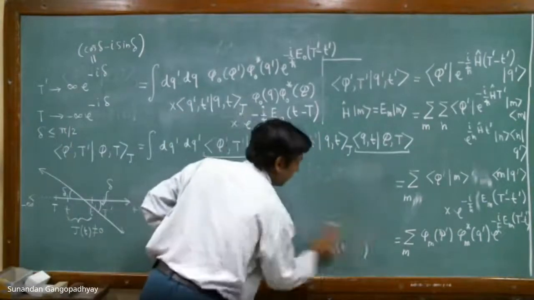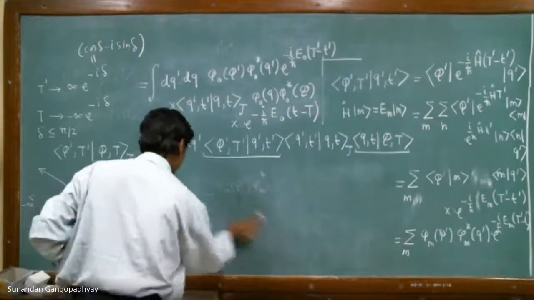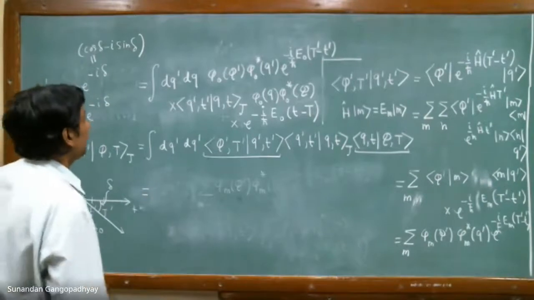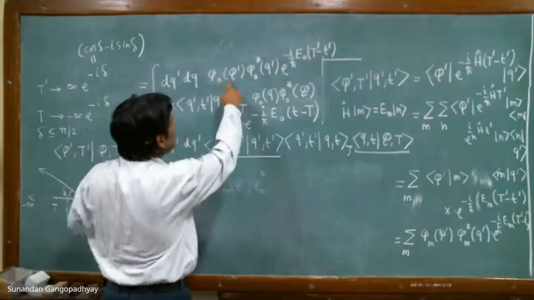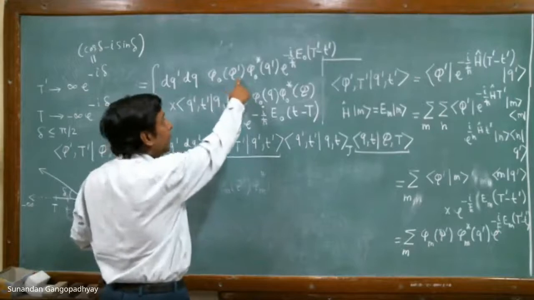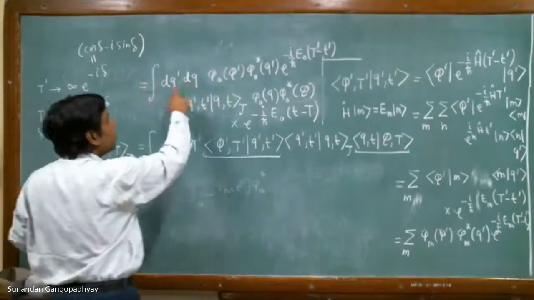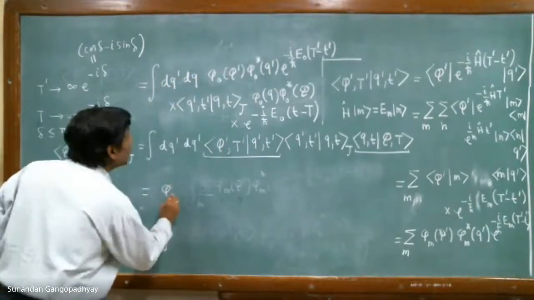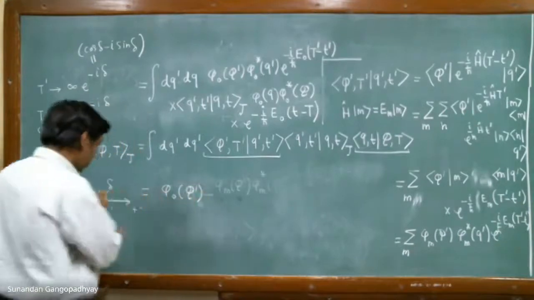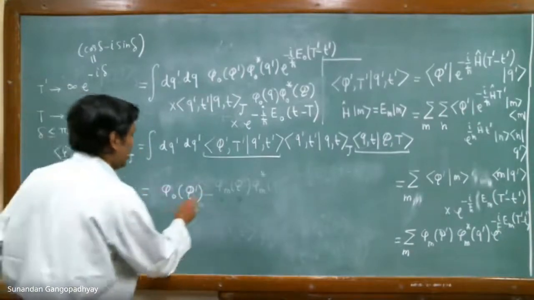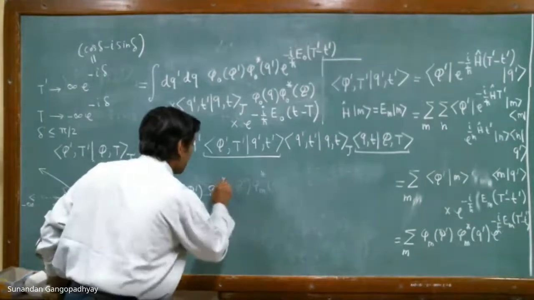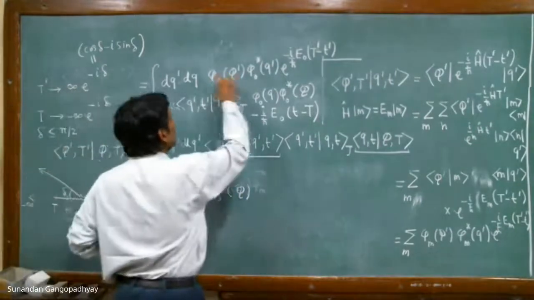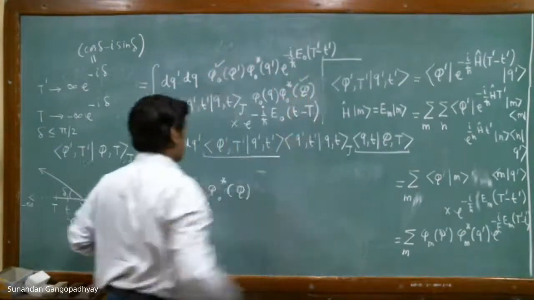We can simplify that further. You can see that this energy eigenfunction is a function of q prime. So this you can take outside the integral, because this is integration over small q and small q prime. Therefore, I take phi naught q prime and phi naught star q outside the integral.